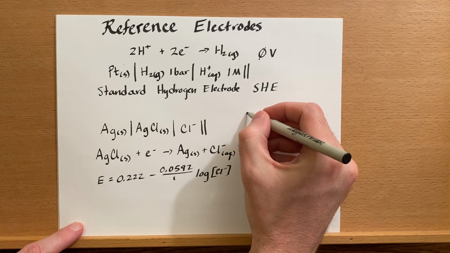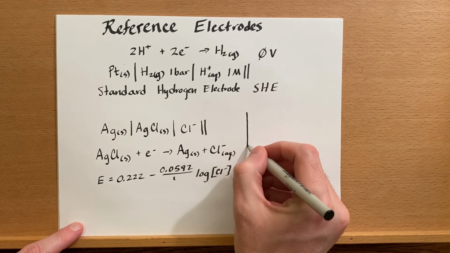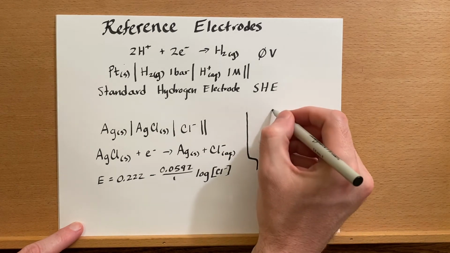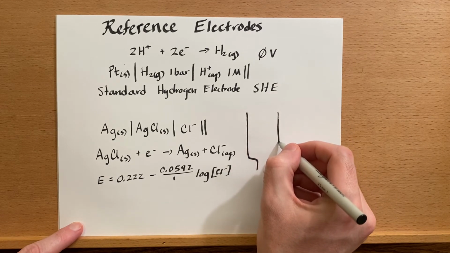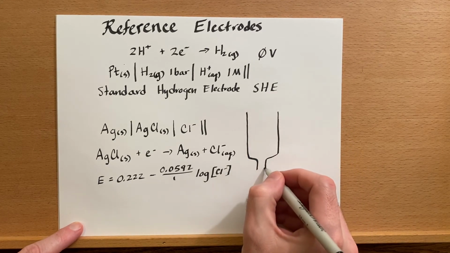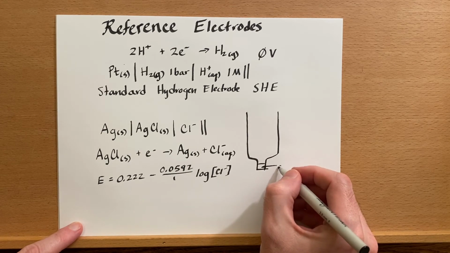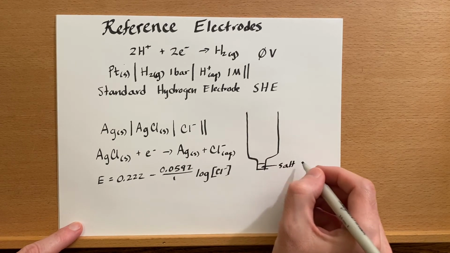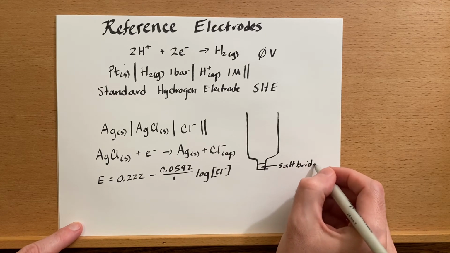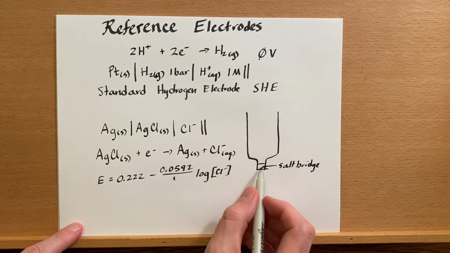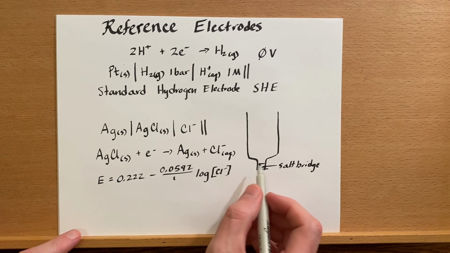Here's what a silver chloride reference electrode actually looks like. We have some tube here, and down at the bottom is our porous plug. That's our salt bridge. We'll need that so that we can use the electrode in some other solution.